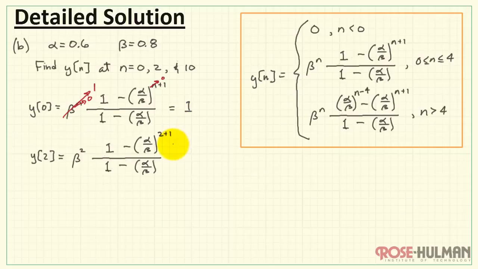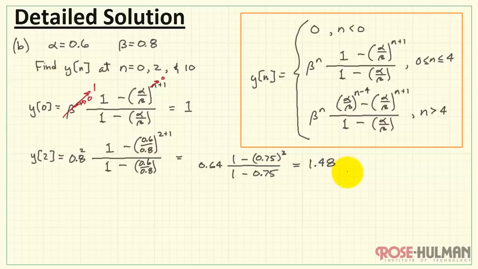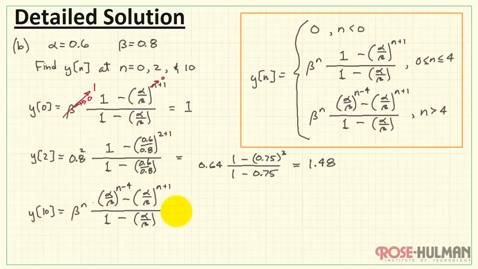Now we move on to n equals 2. Choose that same middle form again, drop in the specific values of alpha and beta, and punching that out in the calculator, I get 1.48. The third value, y of n equals 10. Okay, we have to make sure we pick the appropriate form. This is the third form here.